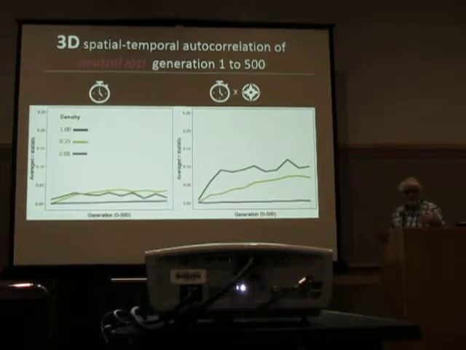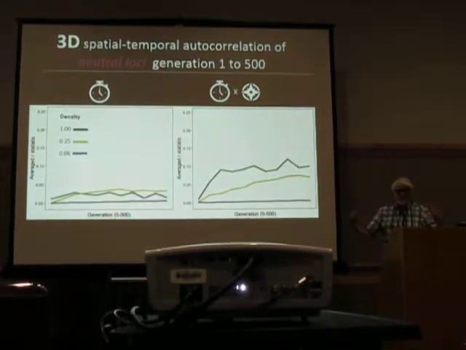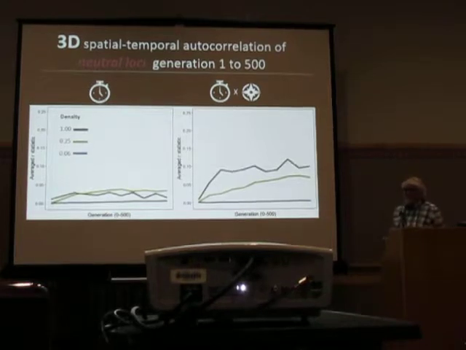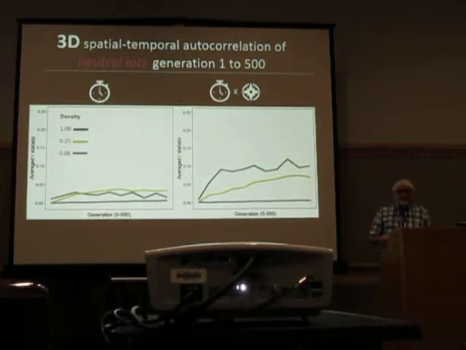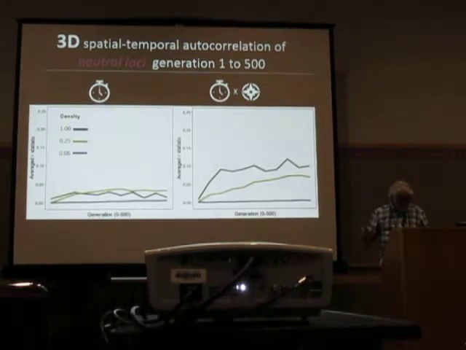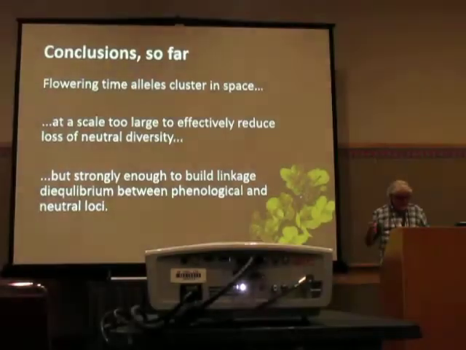But if you look at this three-dimensional autocorrelation using all three dimensions, not just space but time, you'd start getting clustering in 3 dimensions of these neutral loci, which kind of implies that you get these neutral loci going into linkage disequilibrium with the flowering time loci. Not sure what the consequences of that are in the case of neutrality, but you can imagine that this could be important if there's selection going on at those background loci.